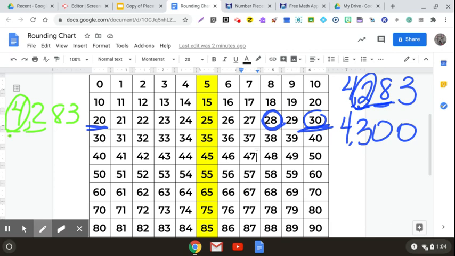I've got 4 circled and a 2, so 42 right there. What's it closer to, 40 or 50? It's closer to 40. My backseat driver is a 2, 4 or less, let it rest, so it's going to stay a 4, and everything else turns into a 0. Okay?